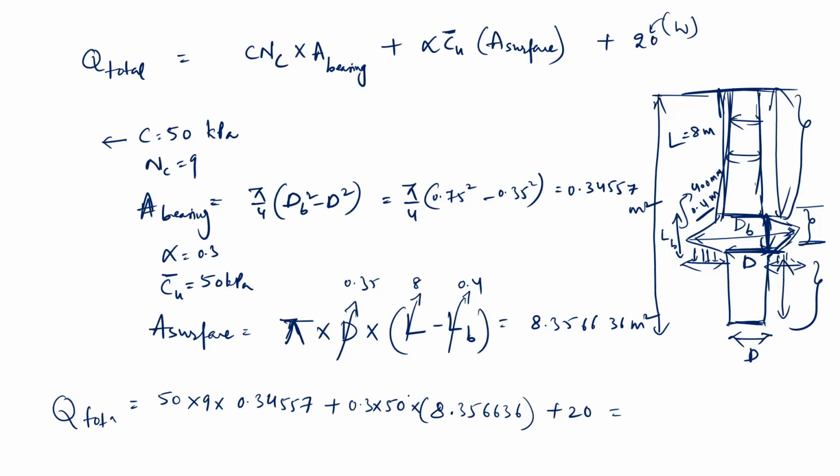So I am calculating here. 0.34557 plus 0.3 into 50 into 8.356636 plus 20. So the total is about 300 kilonewton, right?